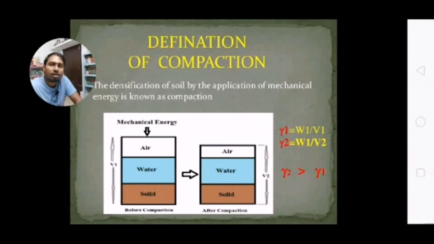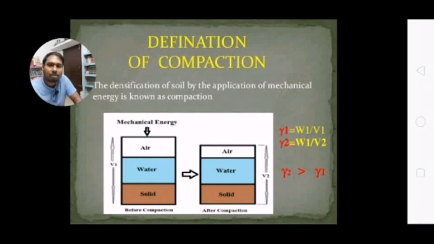Now when we apply an external force or any external mechanical energy to that soil sample, the air gets extracted from the soil sample, and the volume of the soil sample decreases and becomes V2.